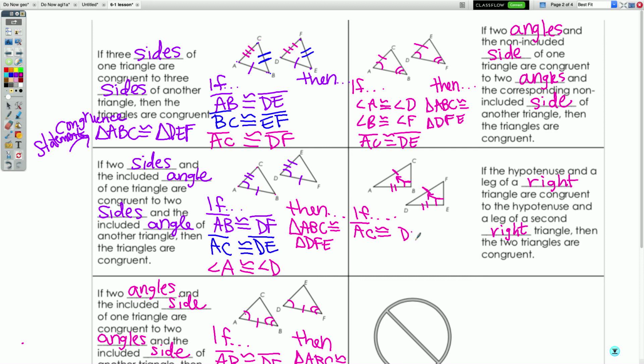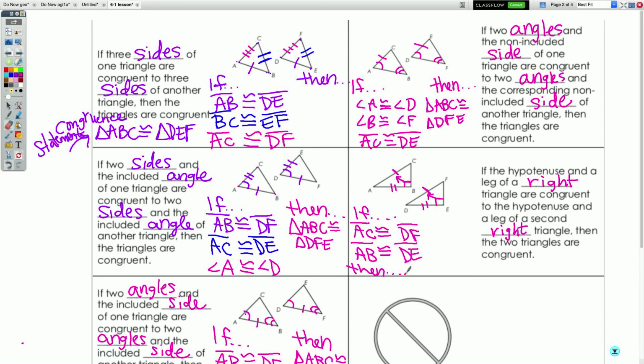DF. And what would my other set of information be? Good. AB is congruent to DE. And I know that they are right triangles. I'm not going to write that. That's my third piece of information. Then I can say that my triangles are congruent by the hypotenuse leg theorem.